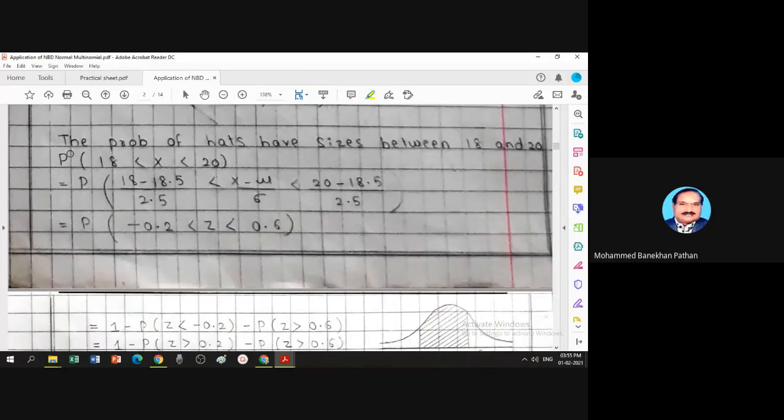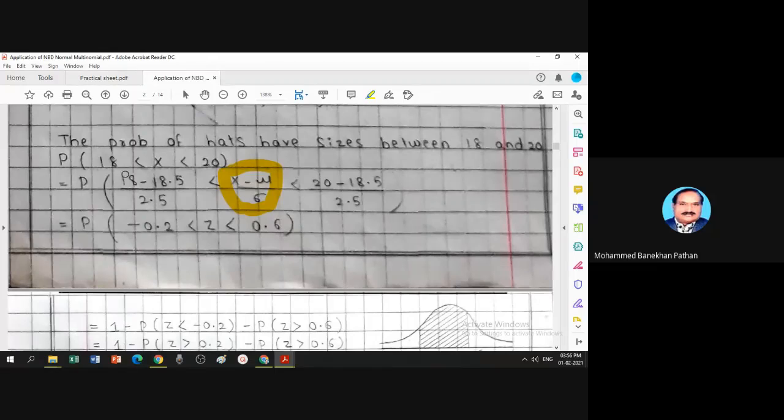When you solve a probability question for a normal distribution, you transfer X to Z, and the definition of Z is X minus mu upon sigma. So I subtract mu from each place, and I divide each by sigma, so you get this expression. That is named Z. Z follows standard normal whose values are tabulated. That is the basic reason why we transfer X to Z.